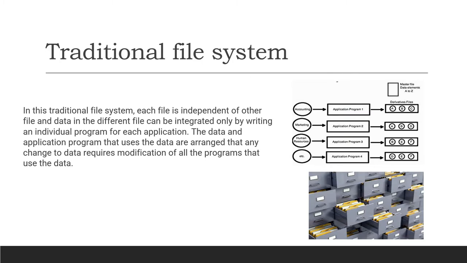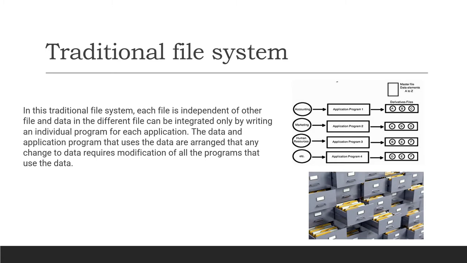What is the traditional file system? Basically, earlier, for any department, like accounting, marketing, human resource, etc., or for the customer data, file data was written physically on paper and people kept it in folders.